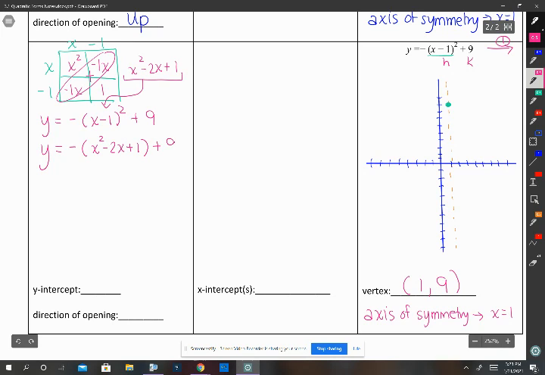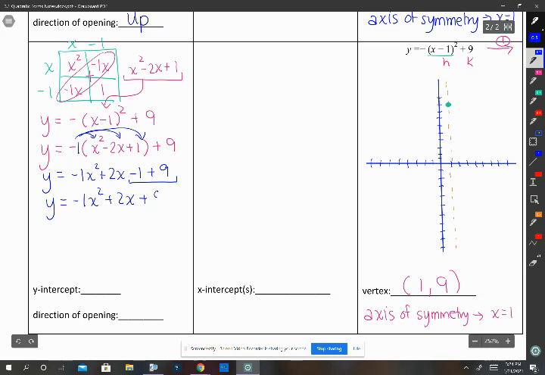And then that plus 9 is sitting on the outside. And so what I want to do is distribute the negative 1 to everything on the inside, not to the 9. So this is going to be y equals negative 1x squared, positive 2x, minus 1 plus 9. And these two at the end give me positive 8. And so now I have standard form.